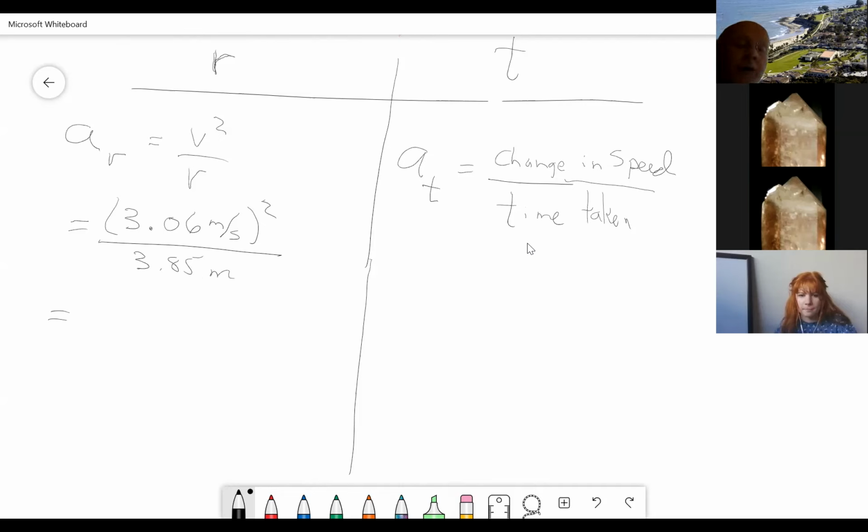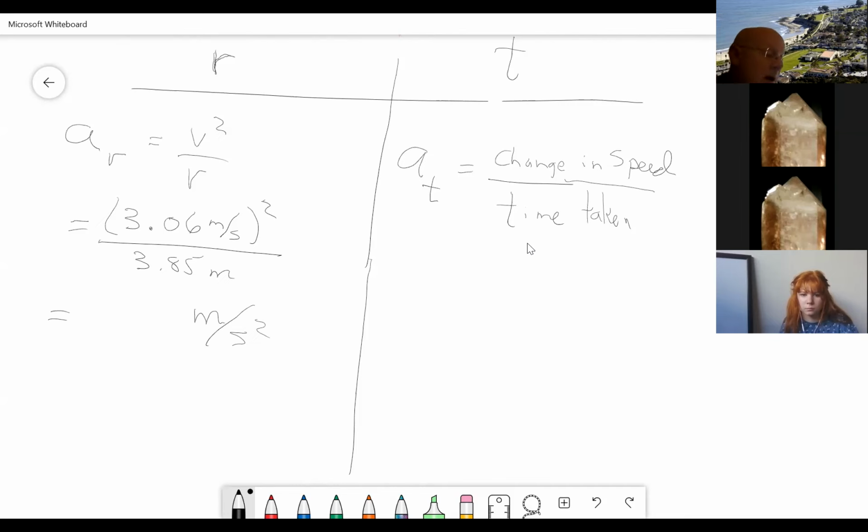I'll look at the units first. This meters squared and a meters down there at the bottom would make only one meters in the top, but I'd still have a seconds squared. So that's the appropriate unit for acceleration, meters per second squared.